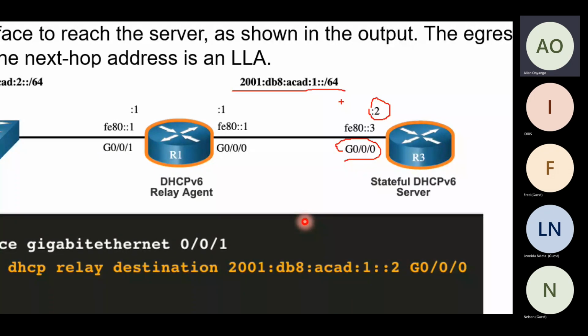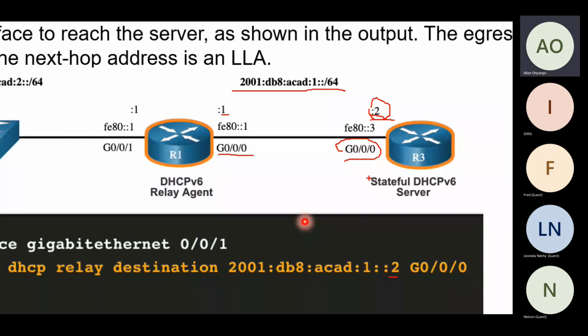For this interface, you put :1 where the double colon is. For this other one, you put :2/64. And so that is the address that is here, 2001:DB8:ACAD:1::2. That is the 2 we see here.